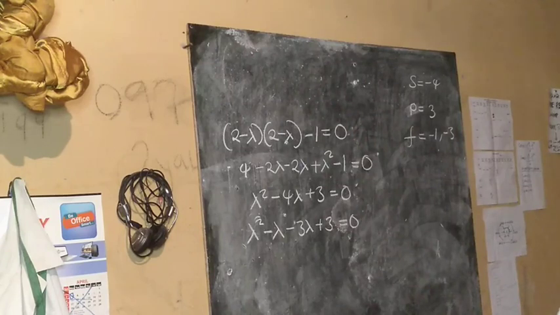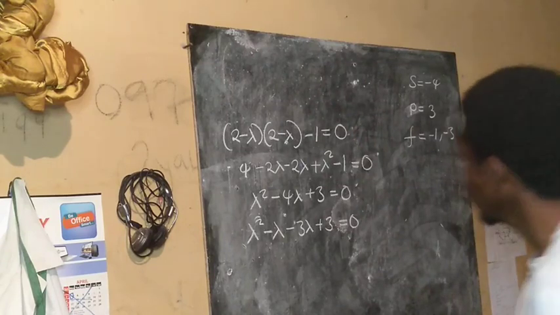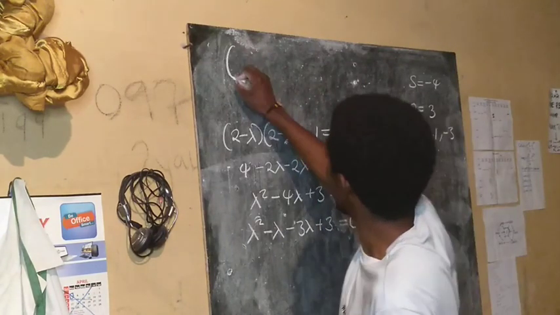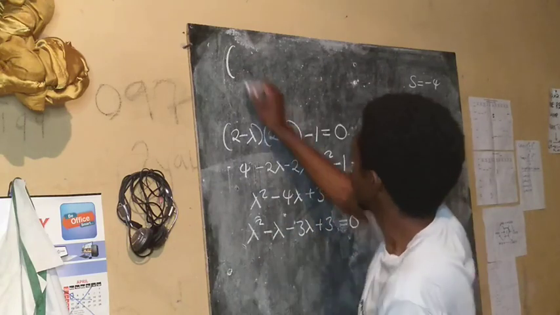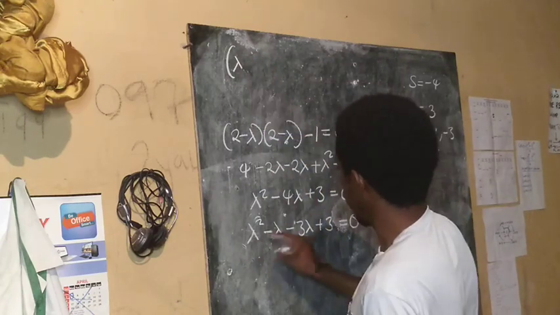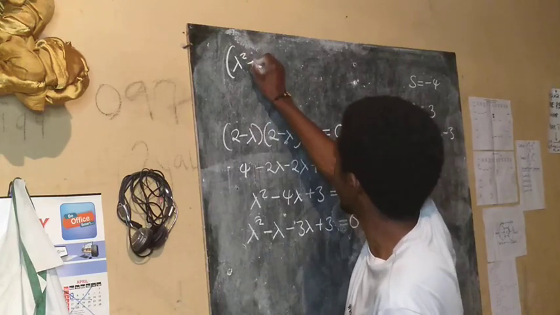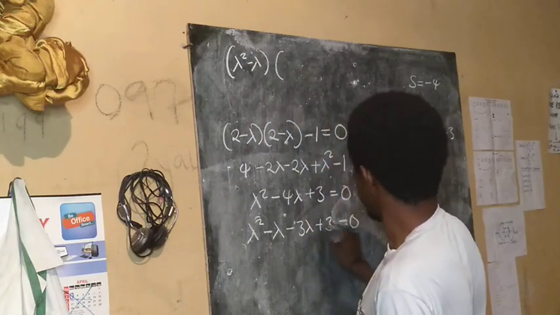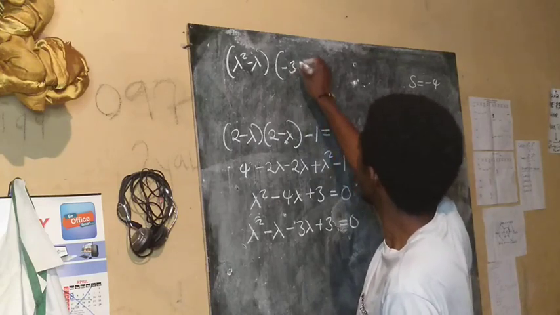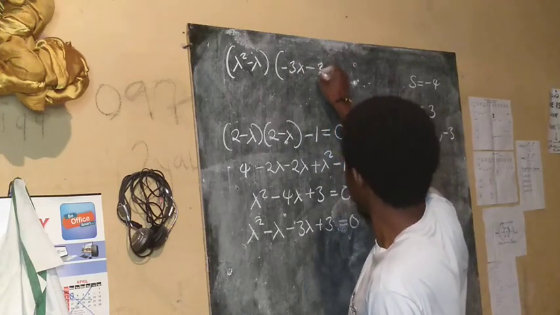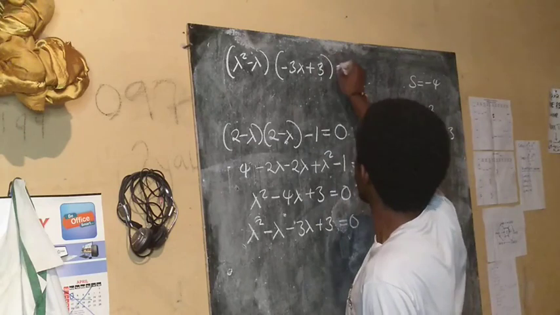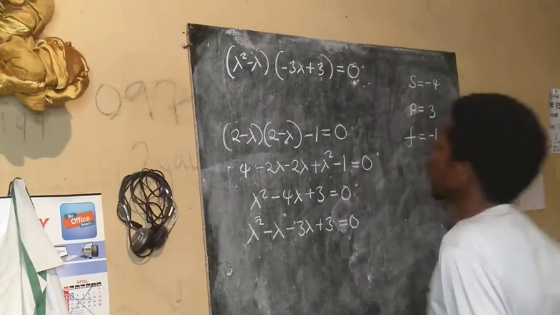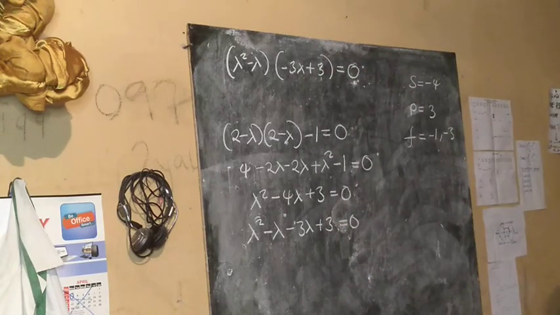So at that point, we'll say in brackets you put the first variable: lambda squared minus lambda, then again the last two, minus 3 lambda plus 3, equals 0. Then we'll continue.